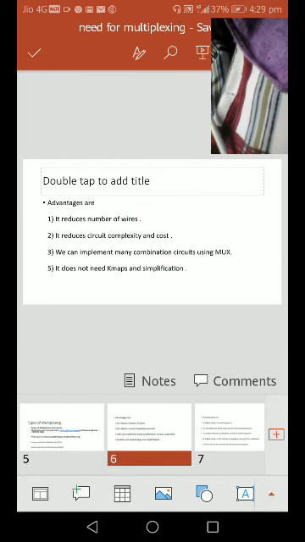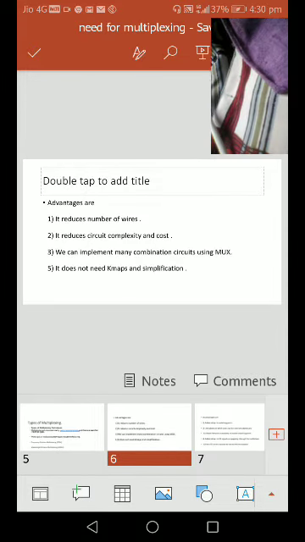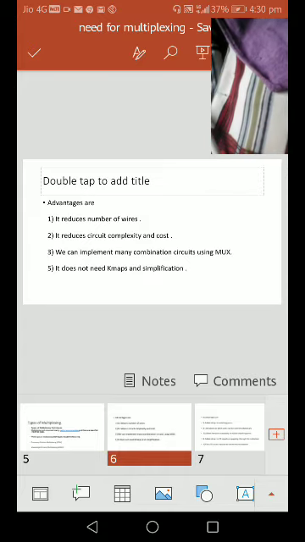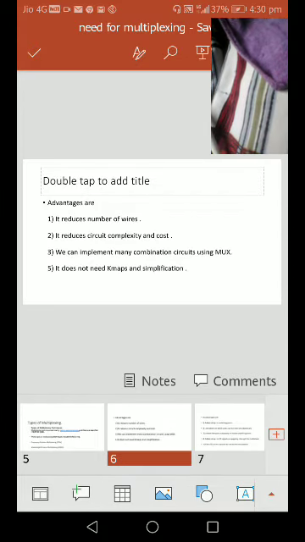Many means two or more signals that you have to maintain, and you can implement many signal circuits using a mux.